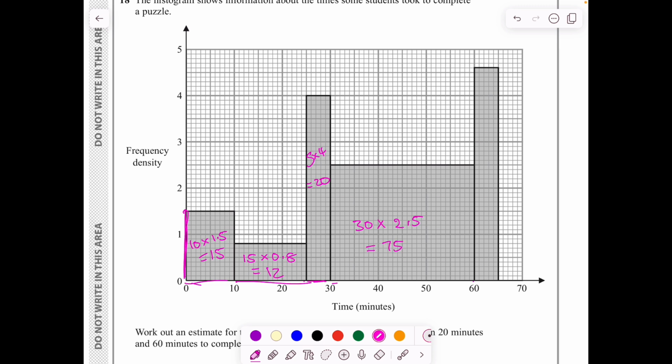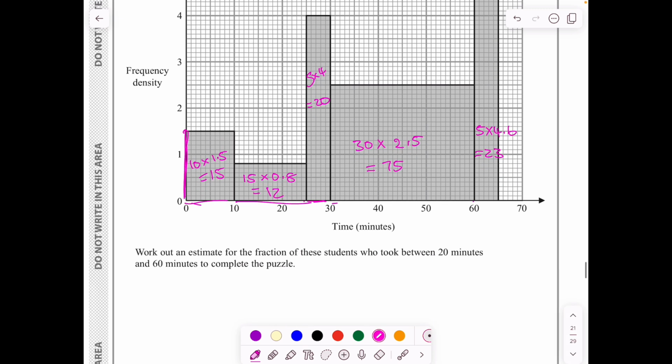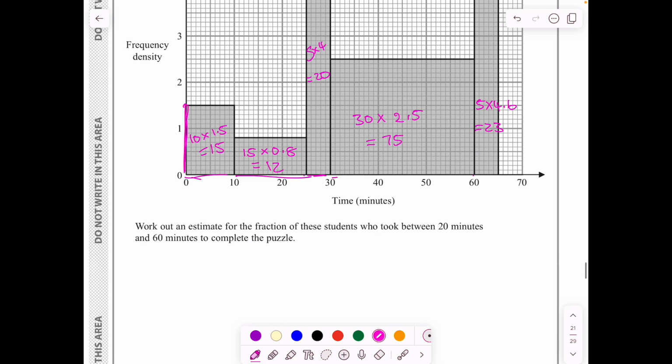And the last one is 5 wide and 4.6 high. So 5 times 4.6, which gives us 23. And so if we add all that together, I've got that there are 145 in total.